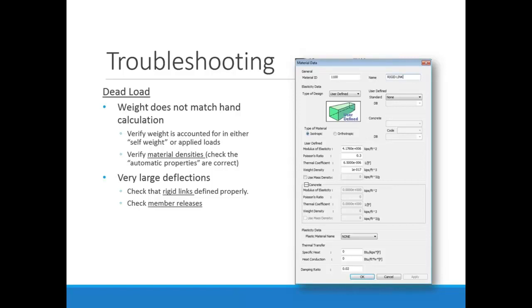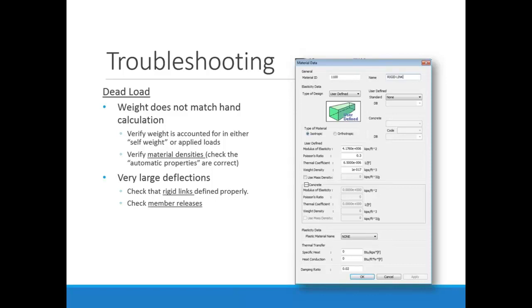In that case, verify that your self-weight is checked off. You have your self-weight included. You have all of your applied loads that aren't included in the self-weight all accounted for, and you should be able to quickly and easily do that because you've already documented that. So just check back and make sure all of your weights are accounted for.